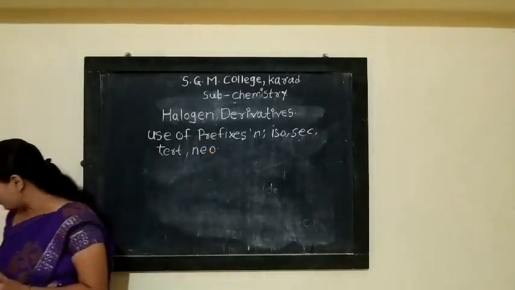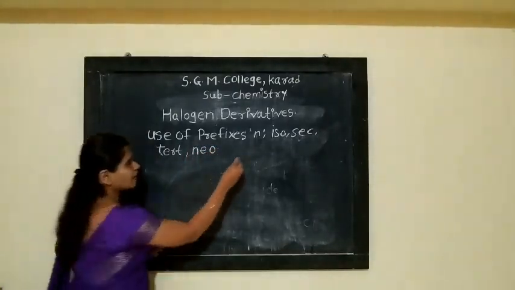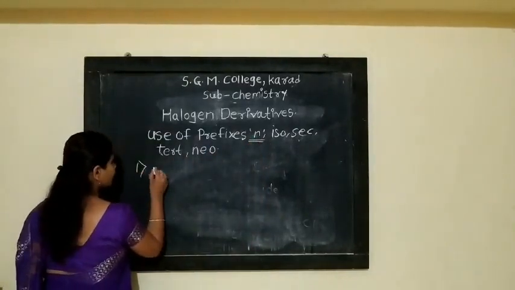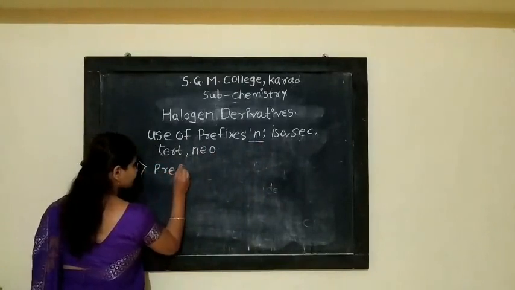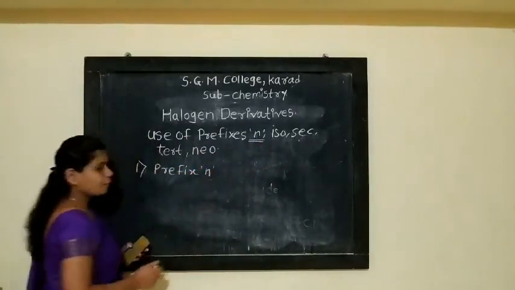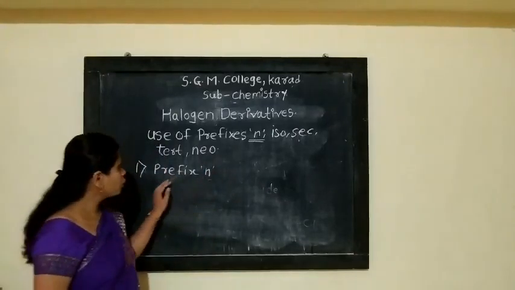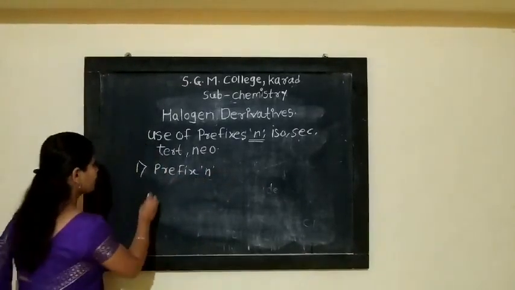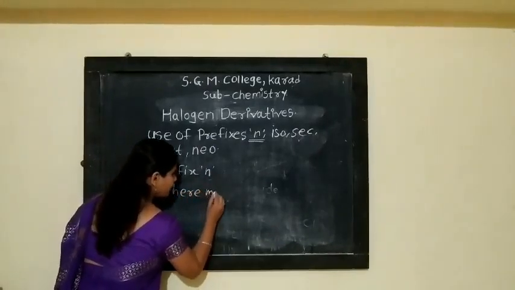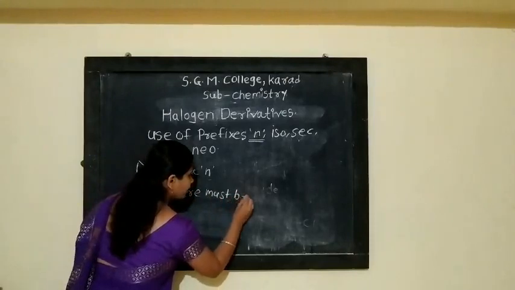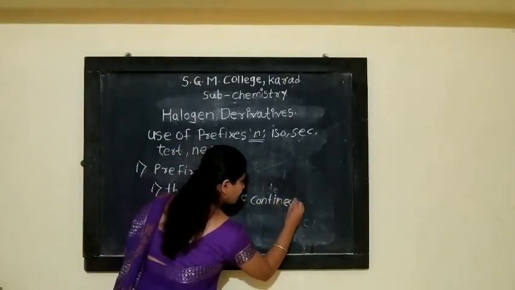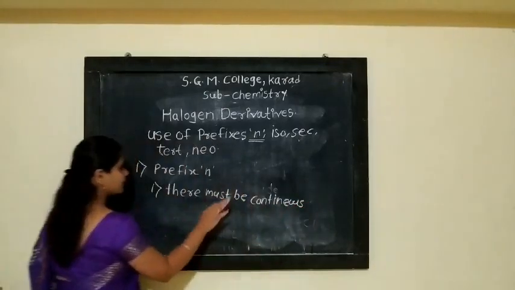First of all, we see the use of prefix n. The main required condition to use the prefix n is that there must be a continuous carbon straight chain. Means there is no branching in that chain.